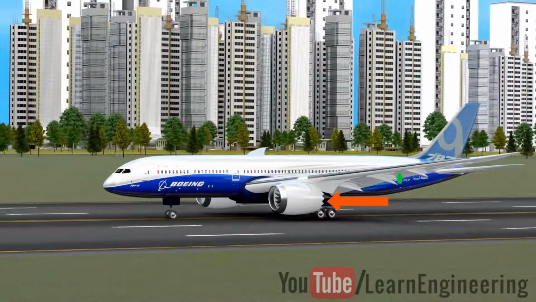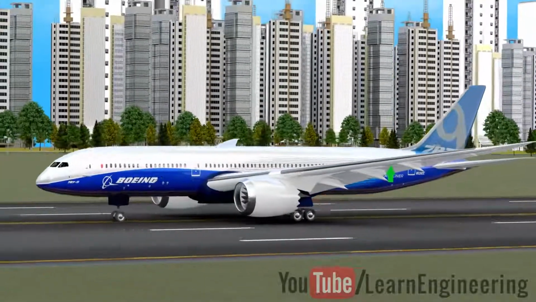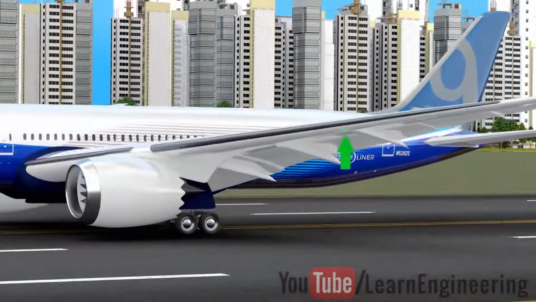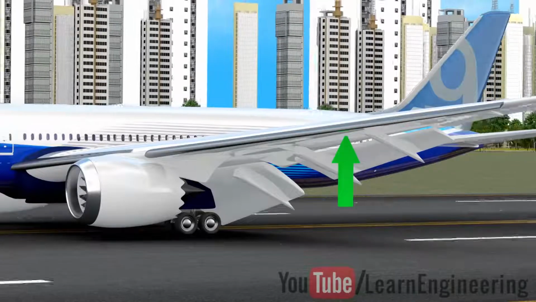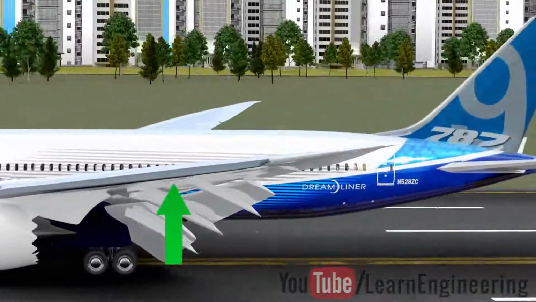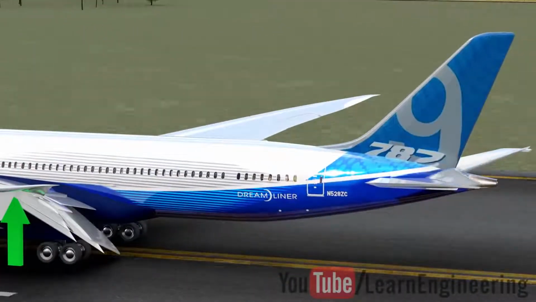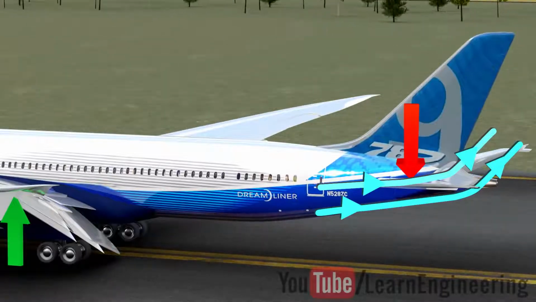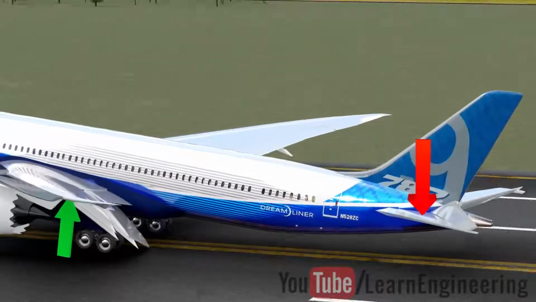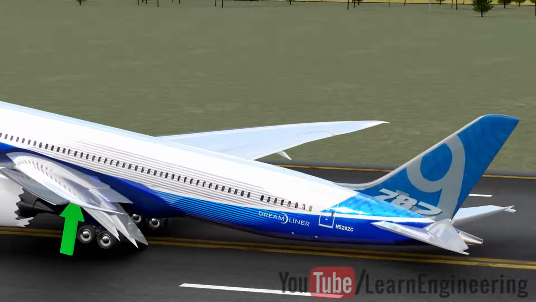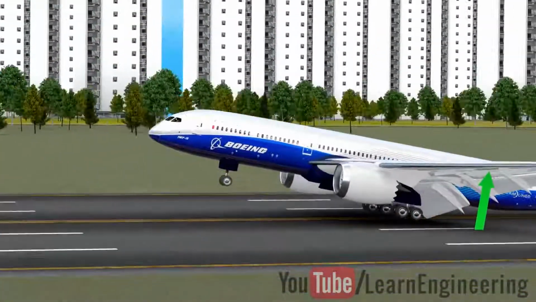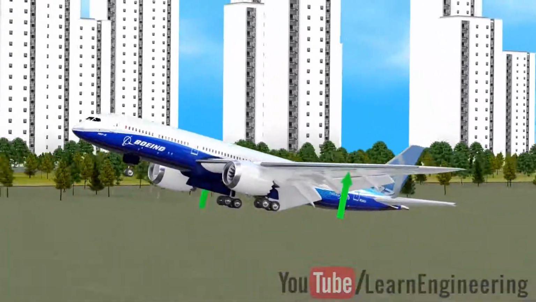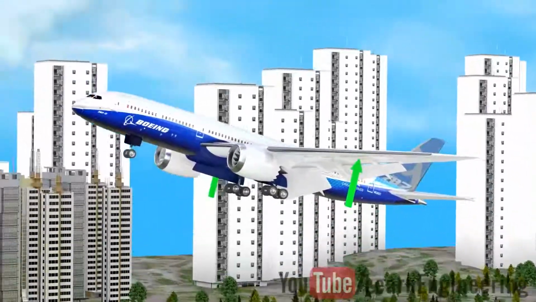When the airplane's speed is high enough, the pilots activate the flaps and slats. Lift is further increased due to this. When the airplane is ready for takeoff, they activate the elevators upwards. The tail force tilts the airplane as shown, and the angle of attack of the airfoil will be increased. The lift is suddenly increased due to this, and the airplane takes off. Usually, an angle of attack of 15 degrees is maintained for the takeoff.